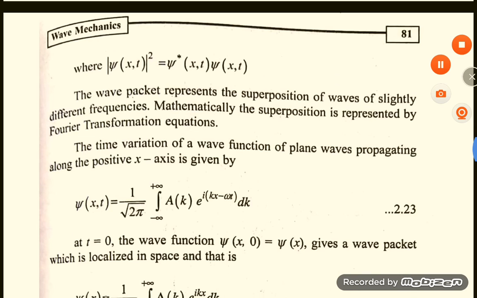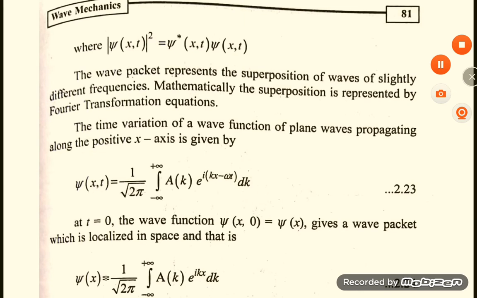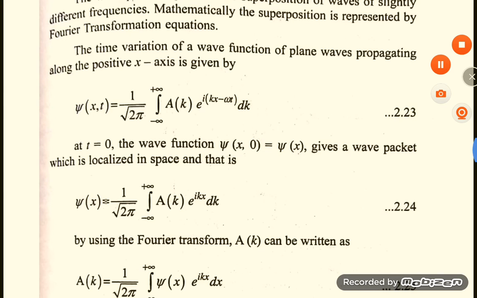Where at t equal to 0, the wave function psi(x,0) is equal to psi(x), which gives a wave packet localized in space, and psi(x) is equal to 1 by root 2 pi integral from minus infinity to plus infinity of a(k) e^(ikx) dk.